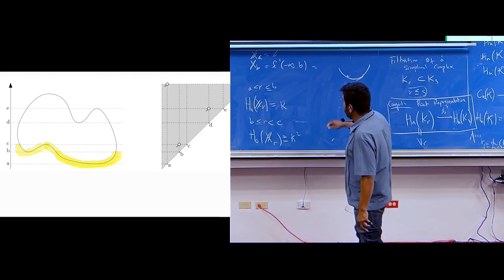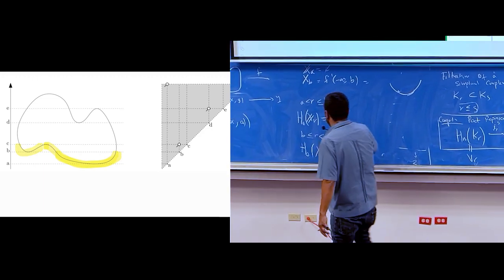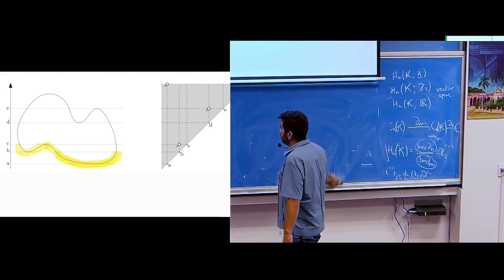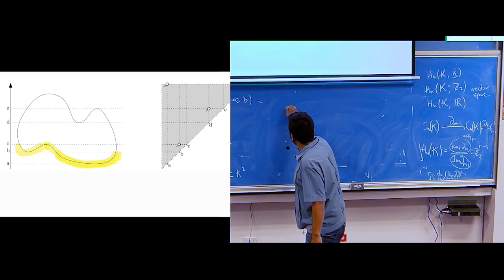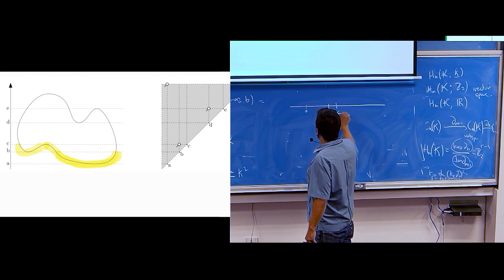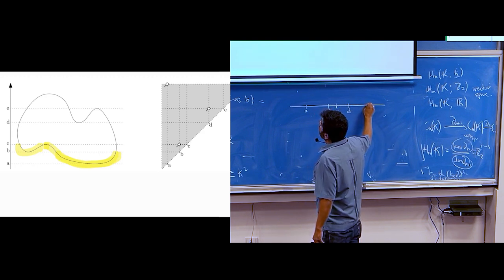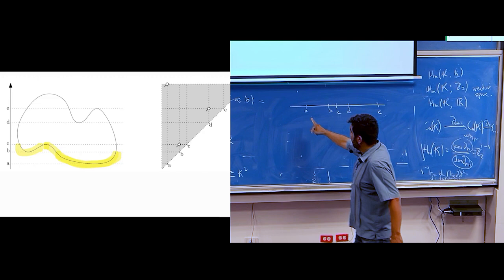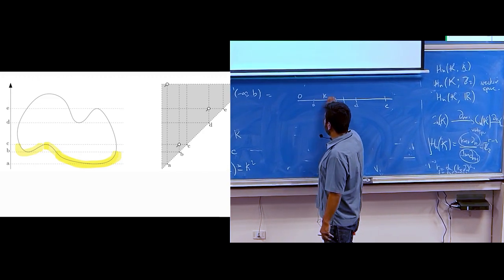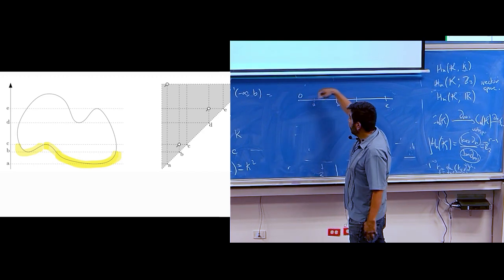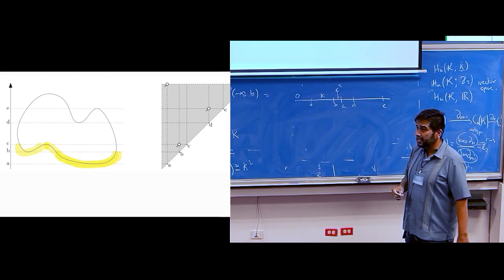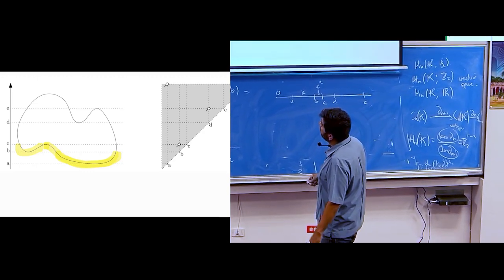And how are things being mapped between these two? Basically we have something like this: A, B, C, D, and E. Up to A, this is 0. Then on this whole interval we have K, and between B and C we have K squared. What happens between C and D? K again.